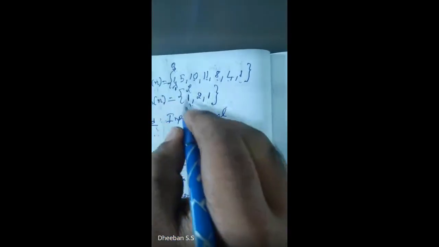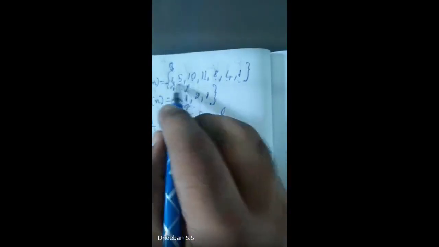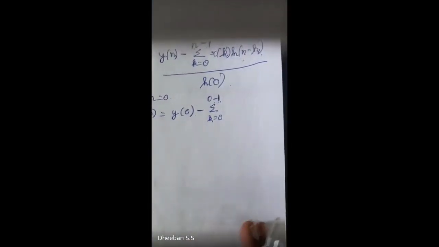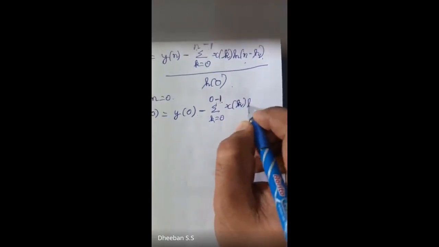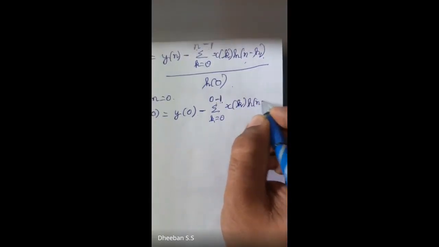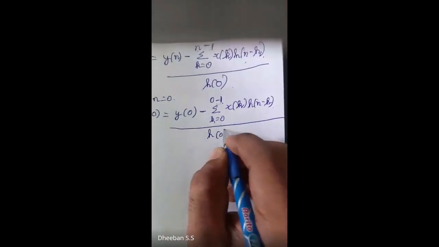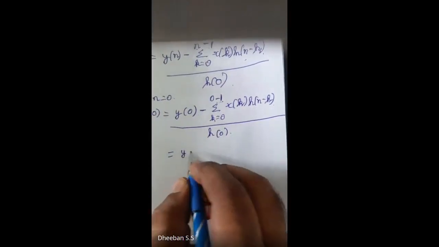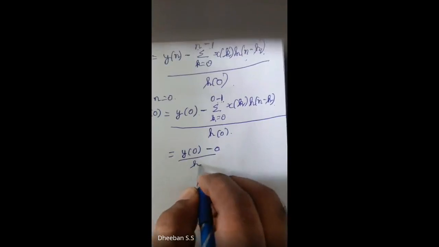So in both the input and your response, there are no minus 1 values. So this entire part you can make as 0. So it becomes y of 0 minus 0 by h of 0.